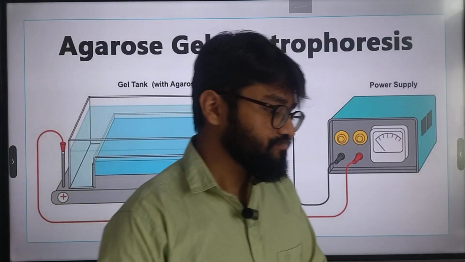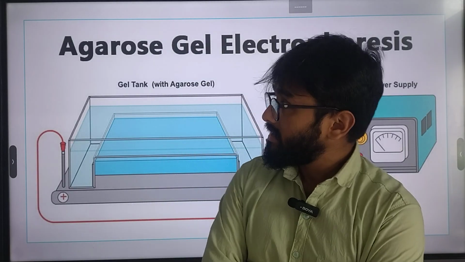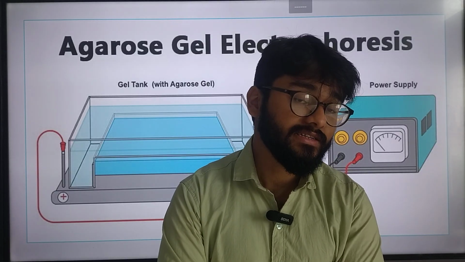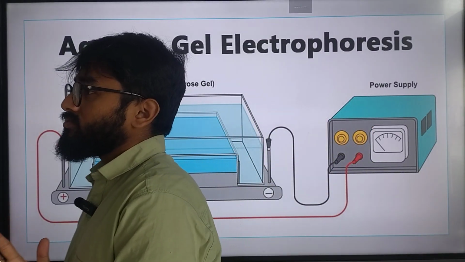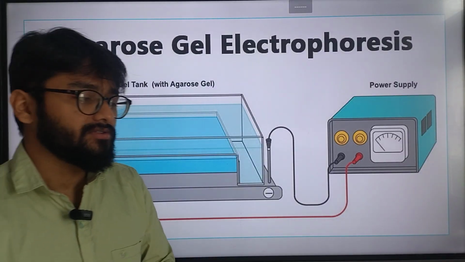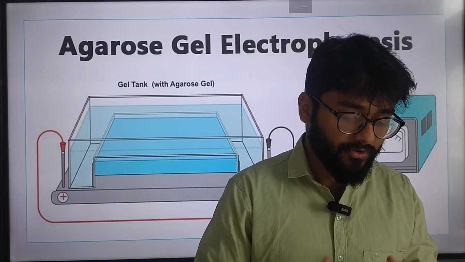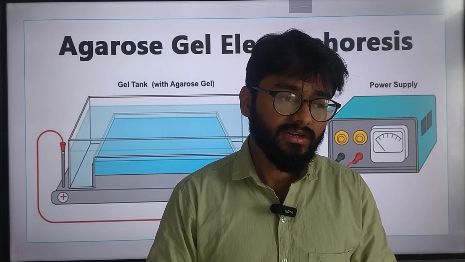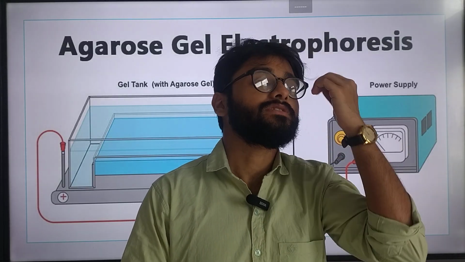Now something of an applicative nature. As you see in the PPT behind me, this is agarose gel electrophoresis. What do you understand by agarose gel electrophoresis? First, you need to understand what electrophoresis is.